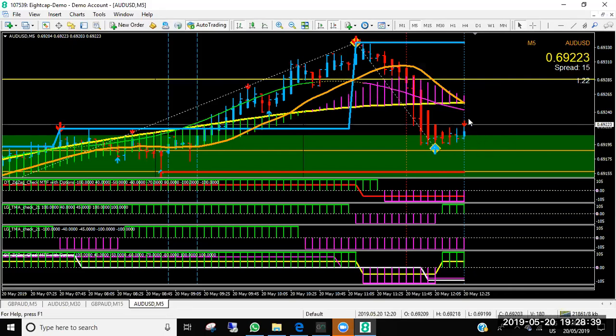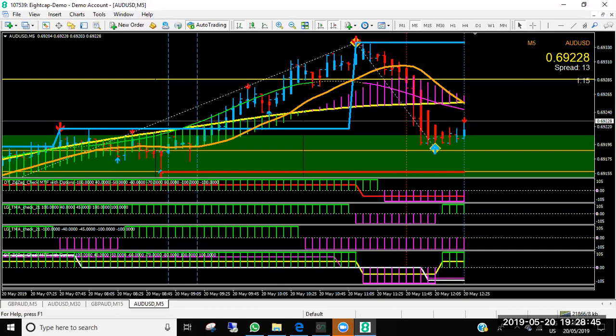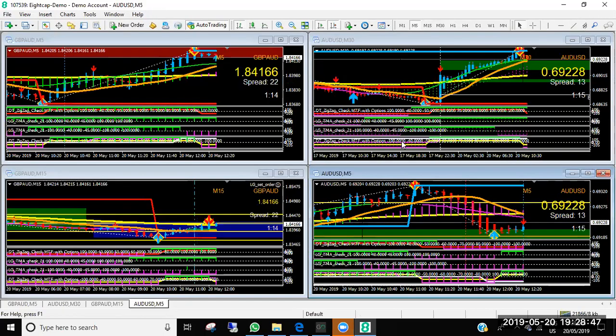It might touch the center line, move back down, doing that consolidation movement. It's had a big gap this morning because of the Australian elections, so it does need to consolidate.